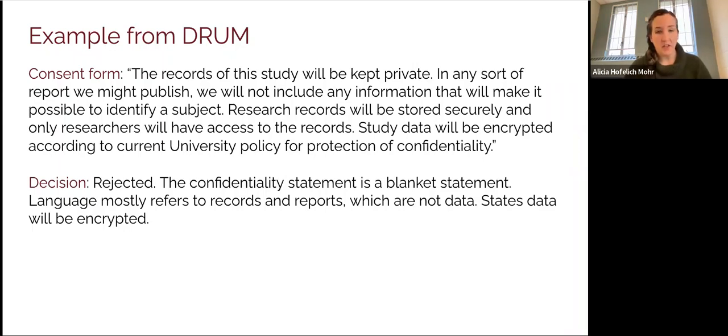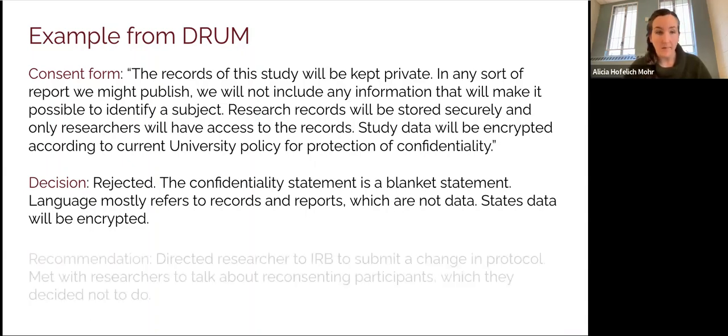And the confidentiality statement was a blanket statement. The one thing we said refers to records and reports, not data. It states data will be encrypted. I think importantly too, it states that only researchers can have access to the data. So our particular repository can't support that.